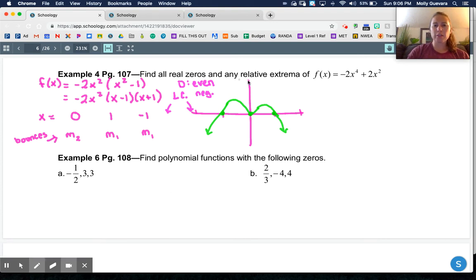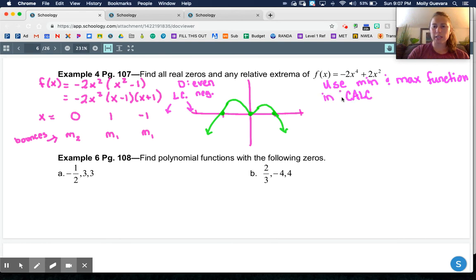And then the only other thing I want to do is find the relative extrema. So I'm just going to use the min and max function in the calc menu, which we've done before, right?